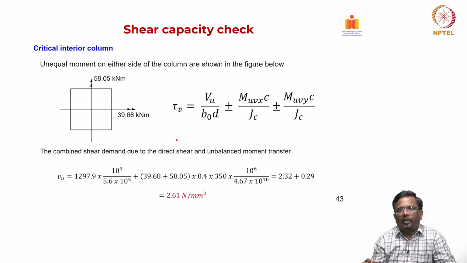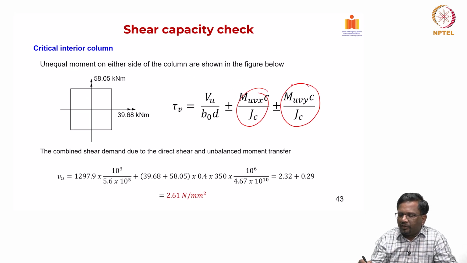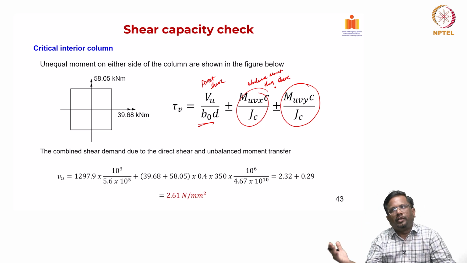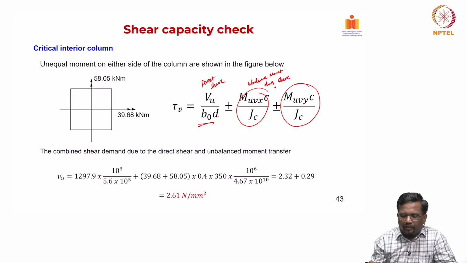Now, for the unbalanced moment, we have to somehow include it in both directions. So, this is from direct shear. This is from unbalanced moment transferred through shear. Now, about the x axis and then about the y axis, right. Jc is your polar moment of inertia, a sectional property similar to polar moment of inertia.